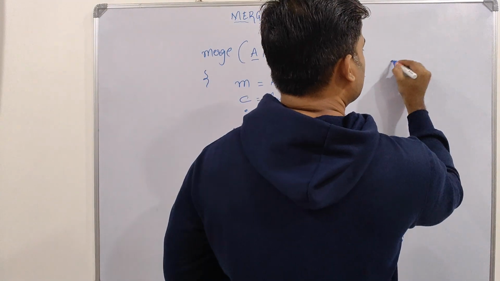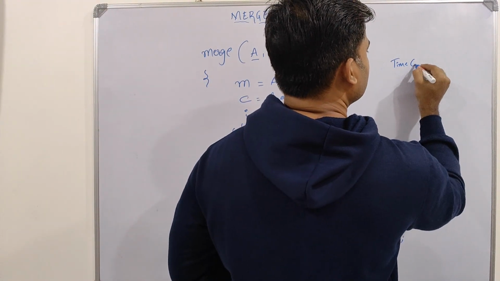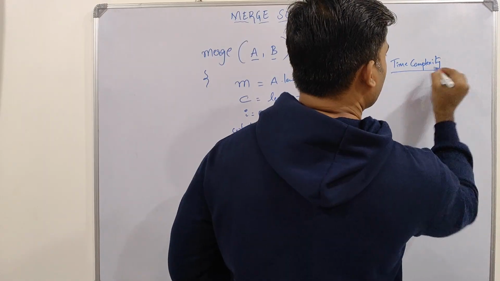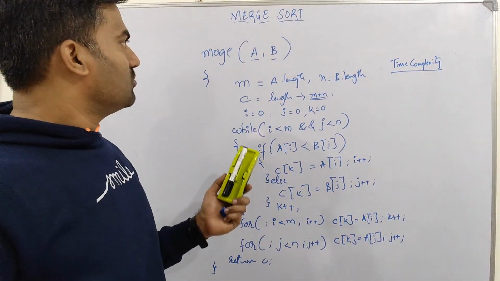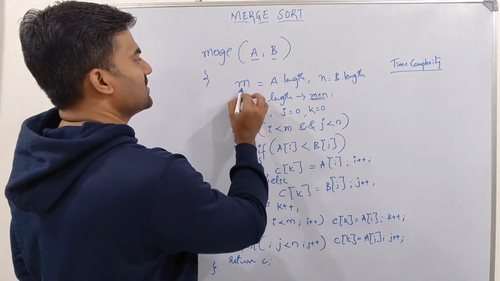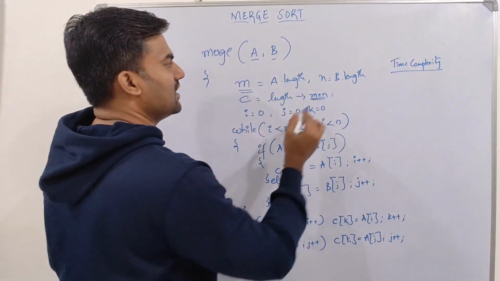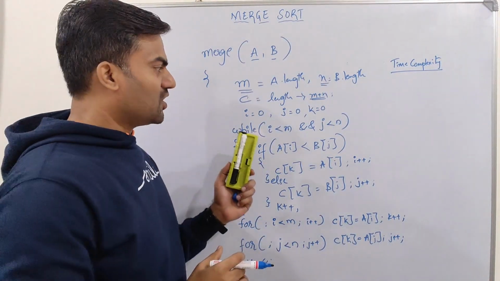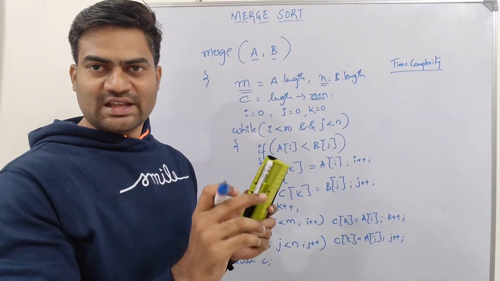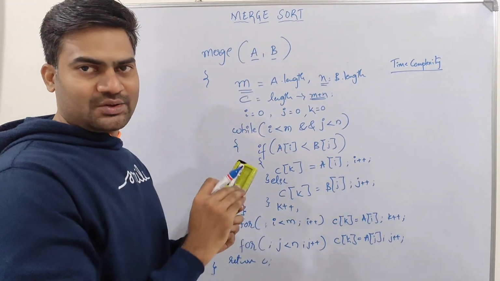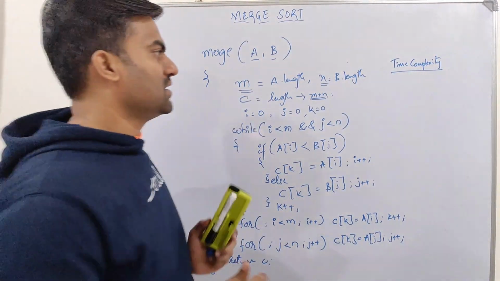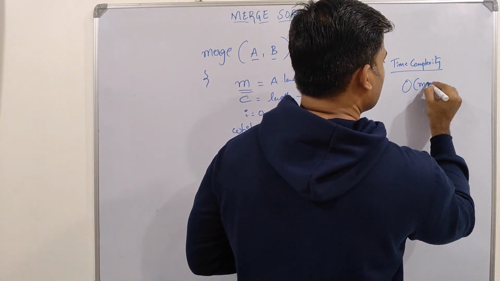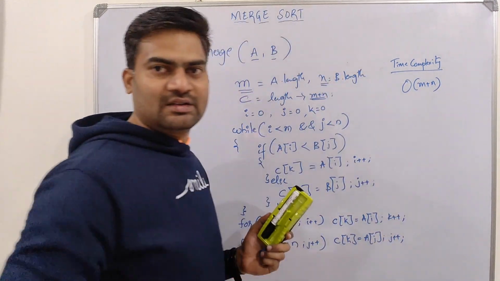What is the time complexity? So for this merge procedure, since m is the length of array A and n is the length of array B, what exactly we are doing, we are comparing and then we are copying it to our third array. So basically it is of order m plus n.